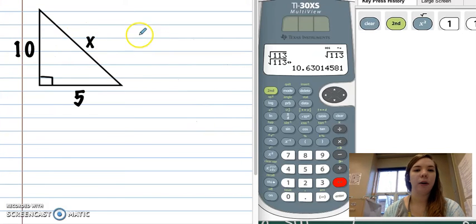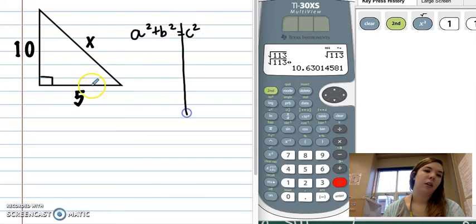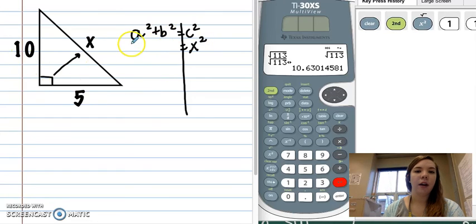Okay, let's do one more. So I'm going to start with my formula. I am looking for my hypotenuse, which is c. So that's always on this side. 10 and 5, I'll plug in for a and b. You can switch these, you just can't switch this one. So then you have 100 plus 25 equals x squared, which is 125.